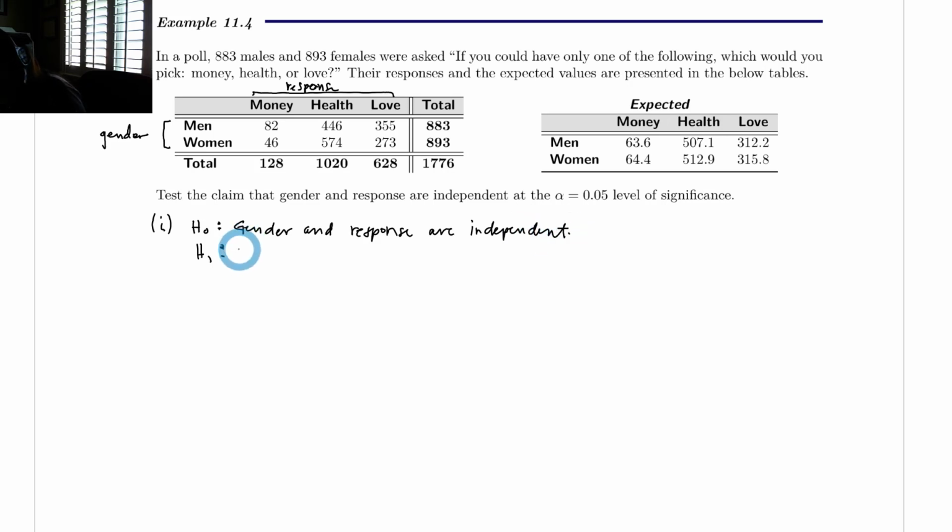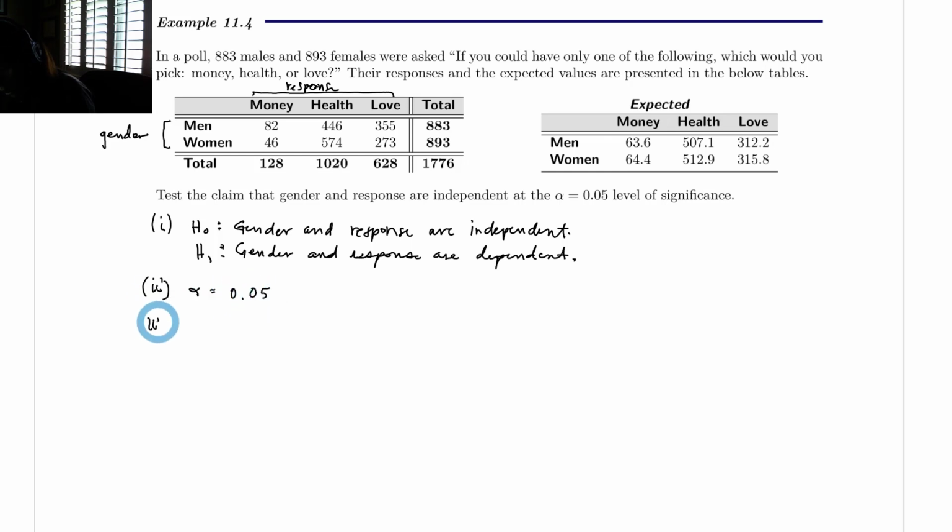And the alternative would be that gender and response are dependent. Okay, you're like, oh, okay, that's fair enough. Step two is the alpha, so the alpha is 0.05.